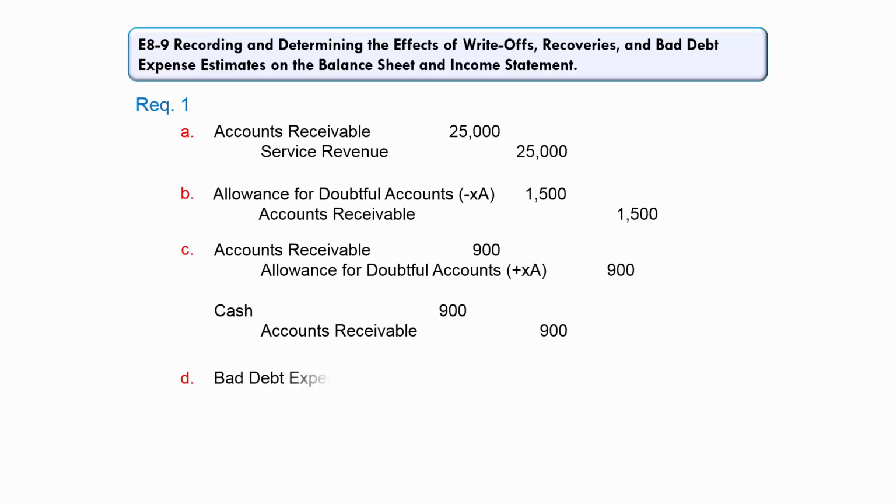The last one is recording bad debt expense. This is just a journal entry that you get the hang of and you just kind of memorize it. Bad debt expense, debit, allowance for doubtful accounts, credit. What is allowance for doubtful accounts? It is also sometimes called allowance for uncollectible accounts, and it is a contra asset.